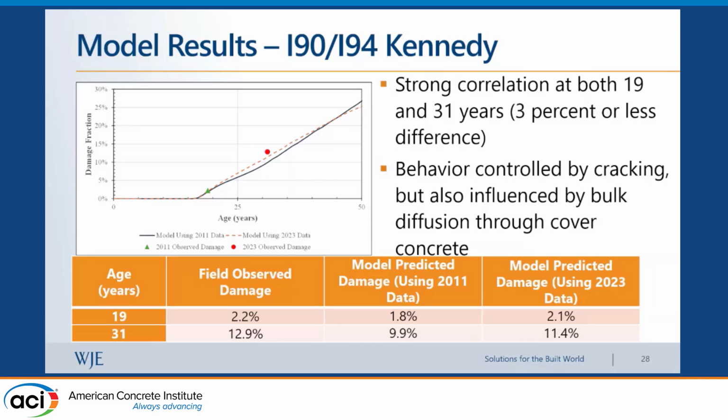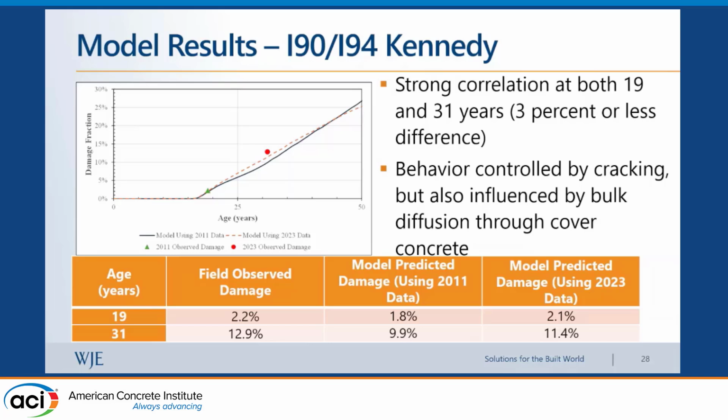Then if we use also the inputs from 2011 and predict forward to the age of 31 at the second investigation, we got to 9.9, almost 10%, against the 13% of field observed damage. So we were within less than 3% of the actual performance of the bridge. We updated the model using the 2023 data, which enhanced the results a little bit as expected, because you're adding another calibration point.